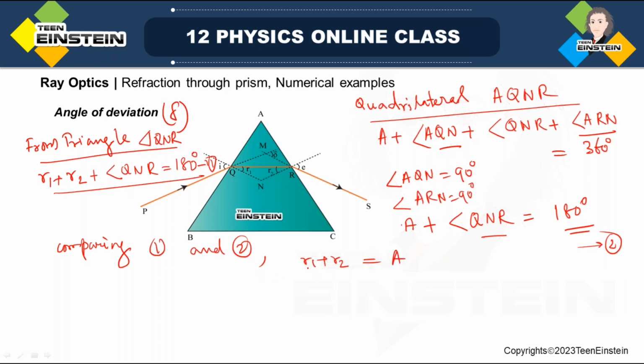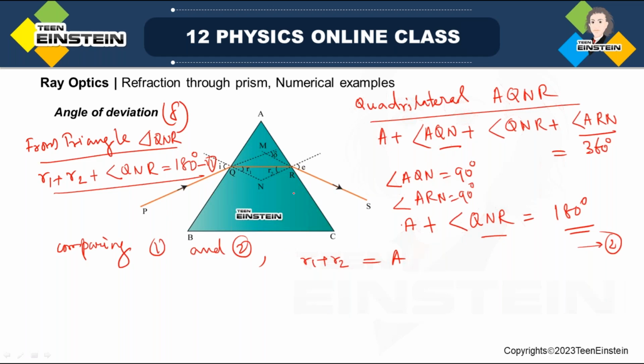So R1 is the angle of refraction at the face AB, and R2 is the angle of incidence for the face AC. And if we just reverse the direction of this ray, it must retrace the same path.